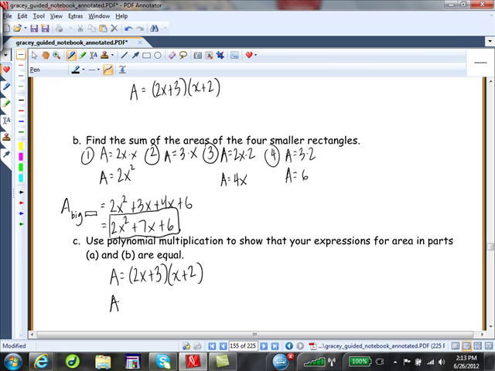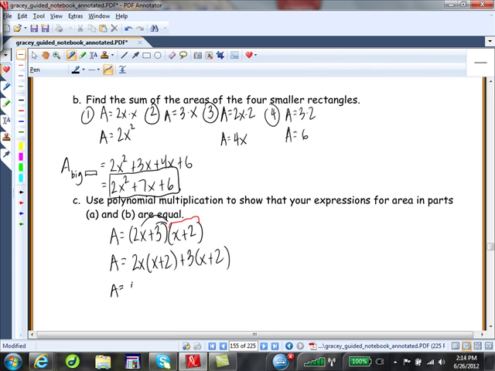So let's see what happens. So area equals, I'm going to leave this one together, and then we're going to distribute these two throughout. So we'll get 2x times x plus 2 plus 3 times x plus 2.